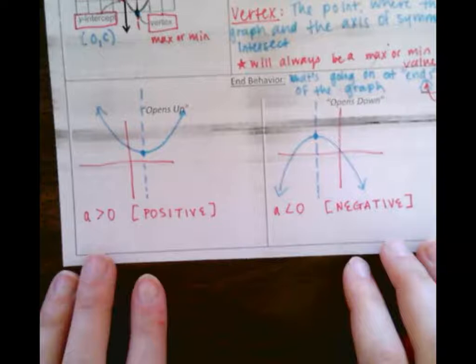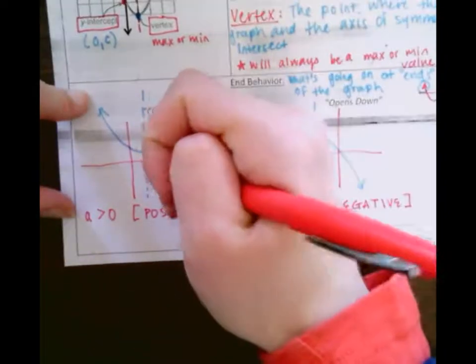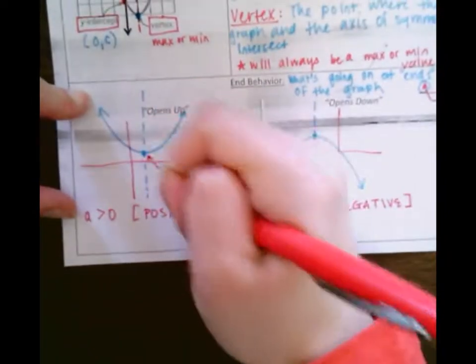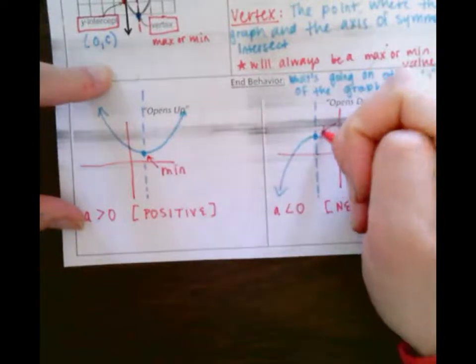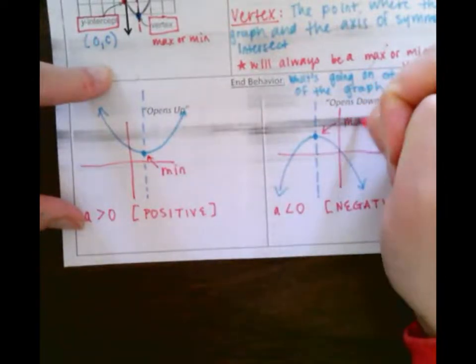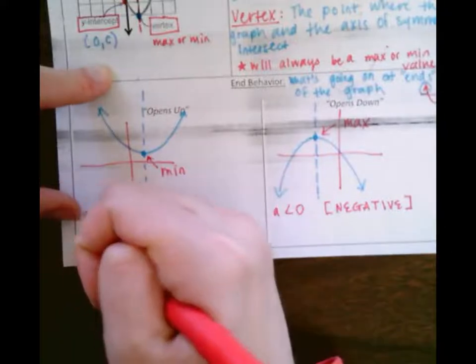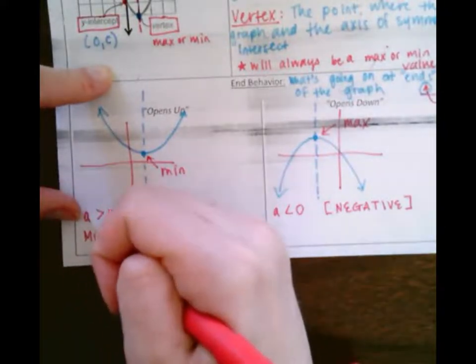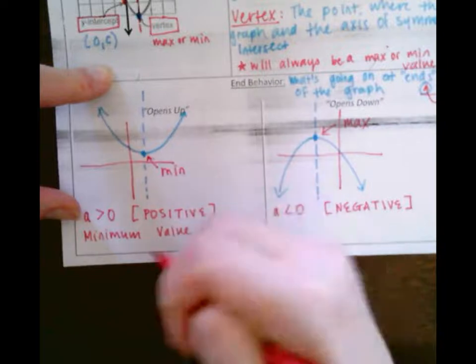The only last kind of big idea here is that if it's opening up, that vertex will be a minimum, right? And if it's opening down, the vertex will be a maximum. So in opening up, we're going to have the minimum value will occur at the vertex.